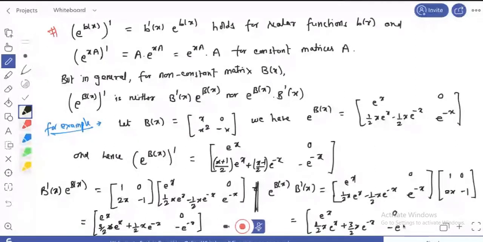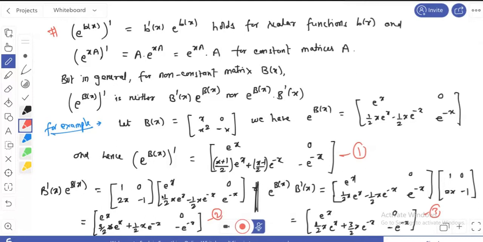Okay, so look here, in these three cases, first one is this, second this, and third this. Here this e to the power x, e to the power x, e to the power x. Here 0, 0, 0 minus x to the power x. So these three entries are same in first, second, third equation, but in the last, this position 2, 1 position is different in all cases.